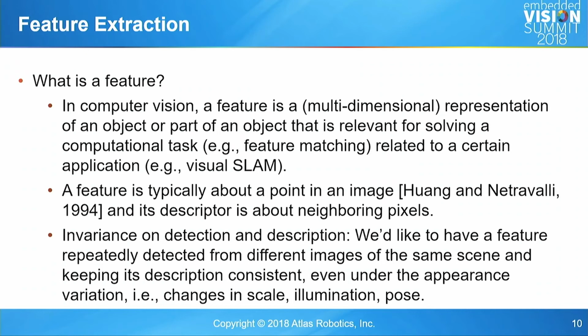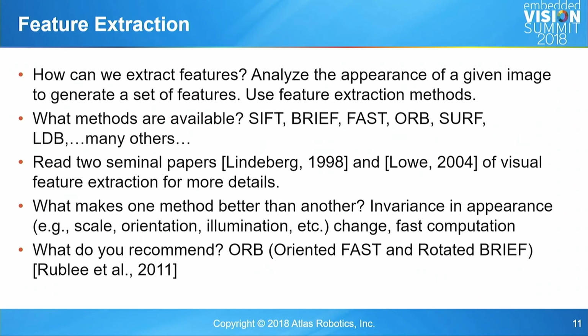And we would like to have feature detection invariant to illumination or appearance changes. The way we extract depends on what kind of algorithm we use. There are many algorithms, and they have different properties, pros and cons.